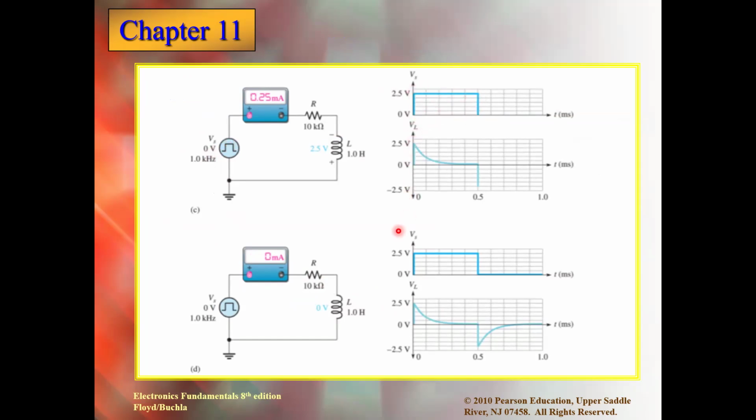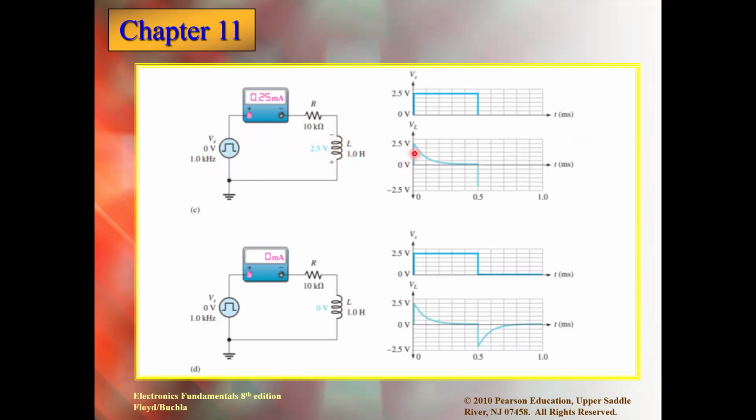Because here we are not looking for the current, we are looking for the voltage. So what is the relation here? We know that when it is high, a voltage will be developed here. And how much voltage? Because the current is flowing, the voltage will develop, and we can calculate that.